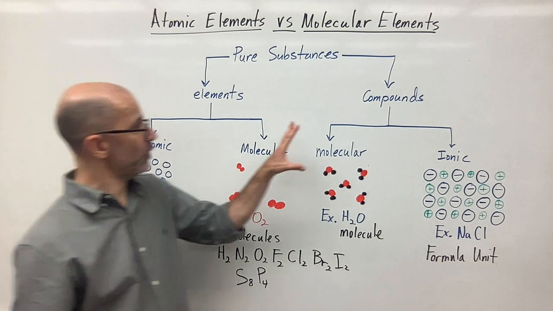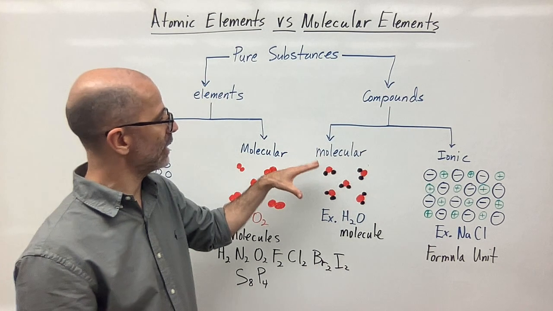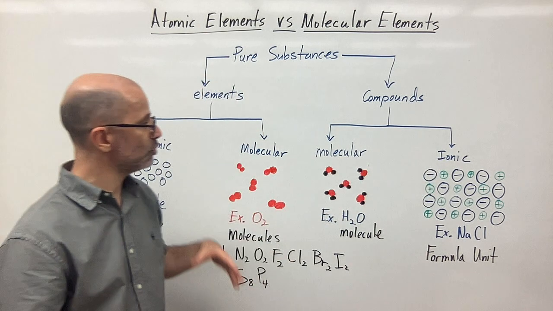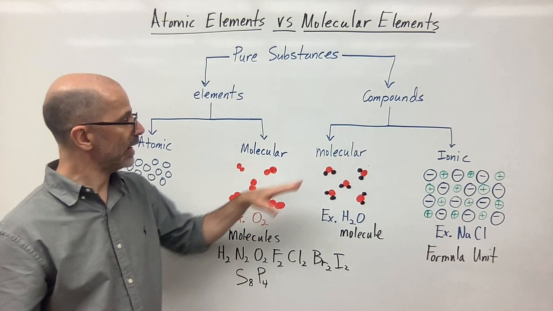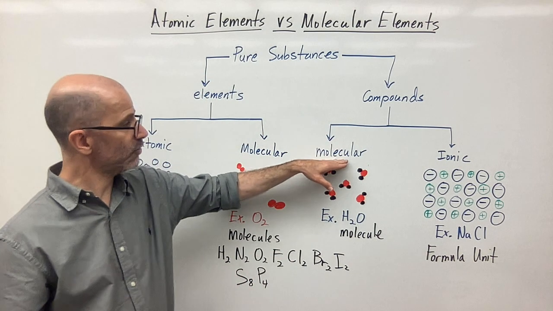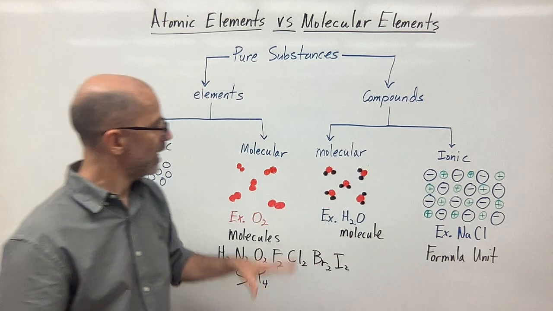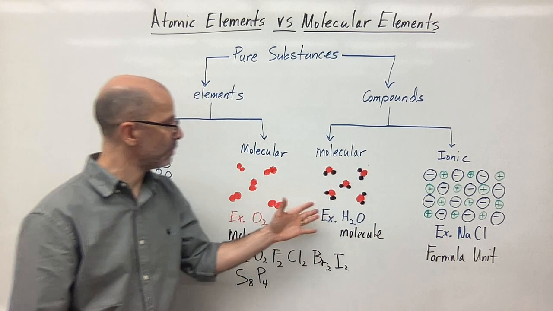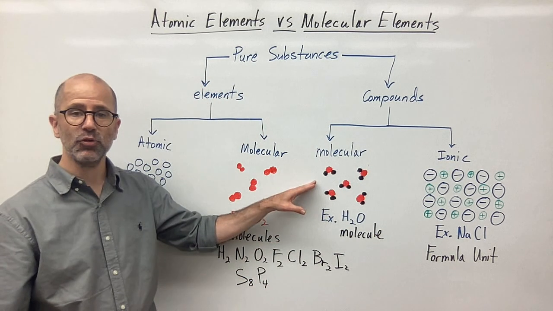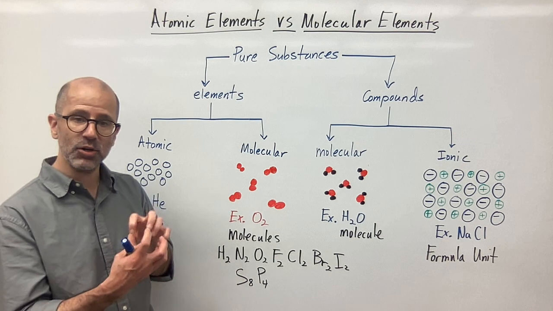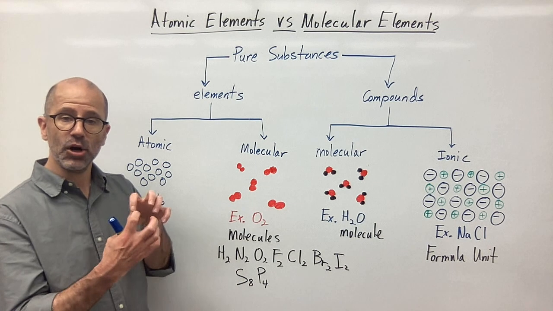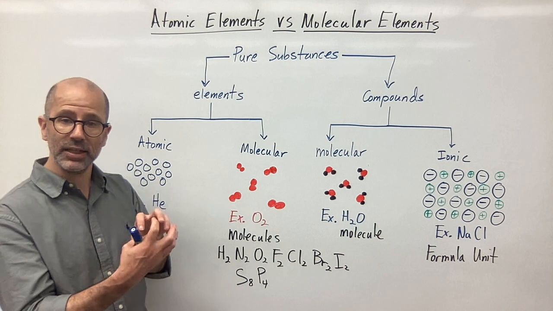So then over here we have compounds, and the compounds can be broken up into 2 categories. Again, we have molecular compounds and we have ionic compounds. For molecular compounds, these are going to be compounds where the atoms are bonded together, sharing their electrons. They have covalent bonds.